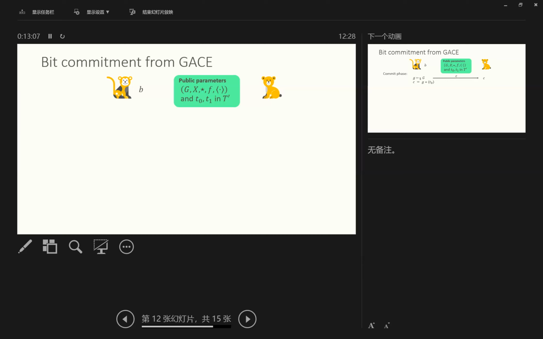Okay, our bit commitment works like this. We have our parameters given by our action with an element and two elements T0 and T1 in T prime. There is a commit phase where we pick a random G from the group and set our commitment to B as G star the canonical element TB.